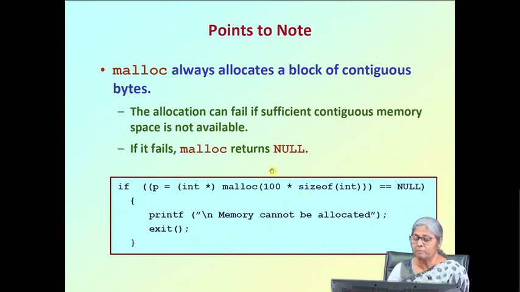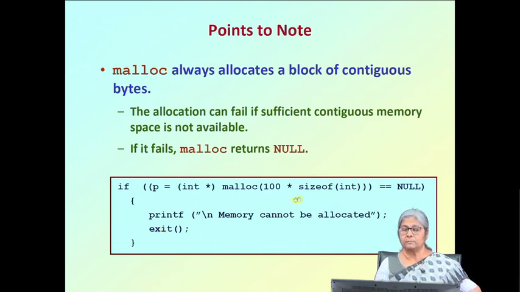Probably malloc did not get 400 bytes of contiguous memory. So, we print that memory cannot be allocated, that means the 400 bytes we wanted dynamically cannot be allocated, and exit. Okay. The main thing is that we have to check: if it is a success, it will not be equal to null, but if it is null, then it did not work and the memory is not allocated.